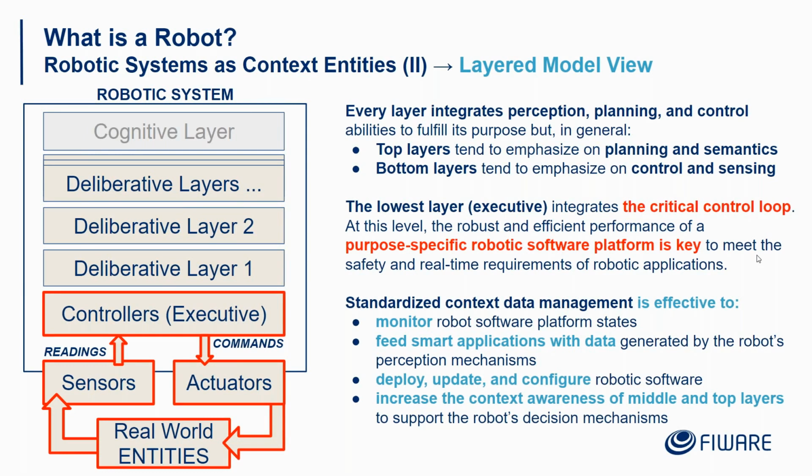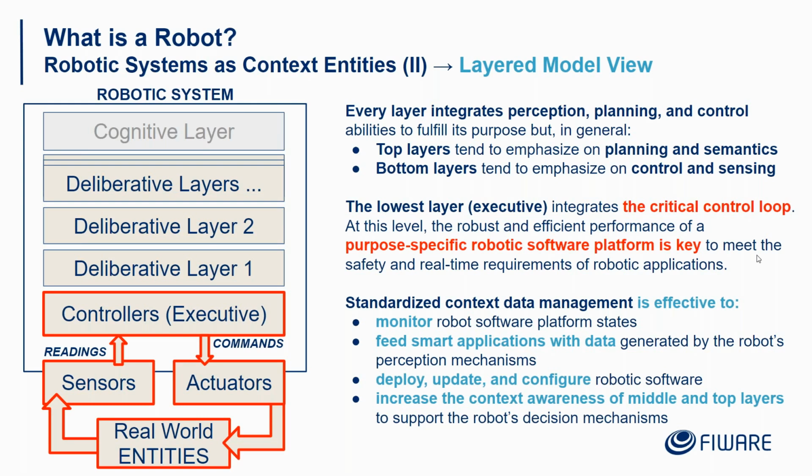Top layers tend to emphasize high-level features, closer to the way humans see the world, and emphasize planning and semantics of the application scenario, while bottom layers tend to emphasize control and sensing, perceiving the world through sensors and modifying it through an accurate control of the actuators.